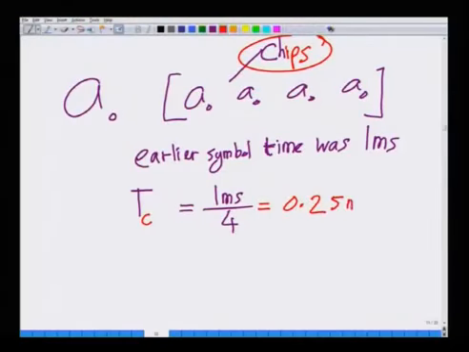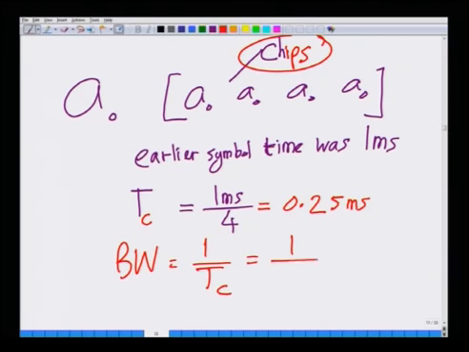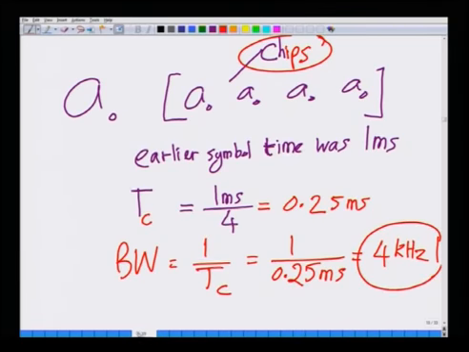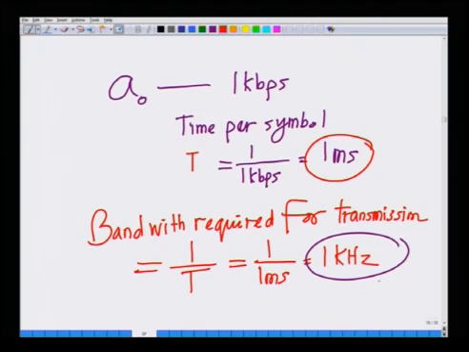which is 0.25 millisecond. Hence, the bandwidth that is required now is nothing but 1 over Tc, which is equal to 1 over 0.25 millisecond, which is 4 kilohertz. That is the trade off. Previously, we needed a bandwidth of 1 kilohertz to transmit symbols at 1 kilobit per second.